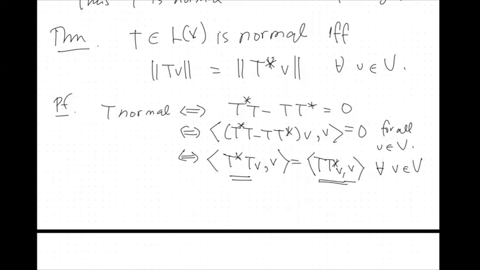Why are they true? This also implies that <T v, T v> is equal to the inner product of <T star v, T star v> for all v.